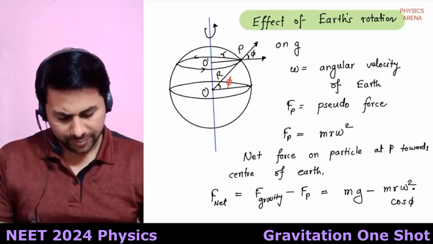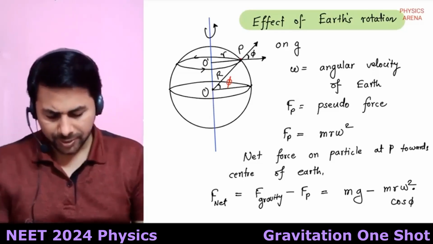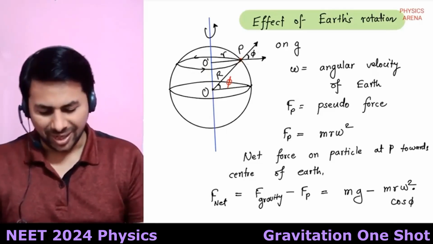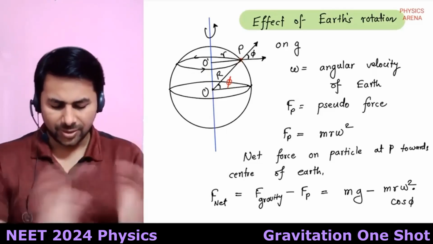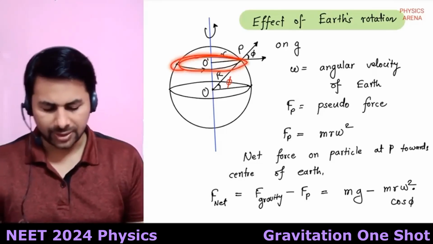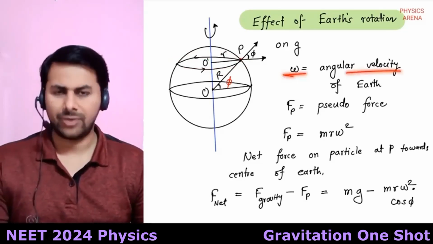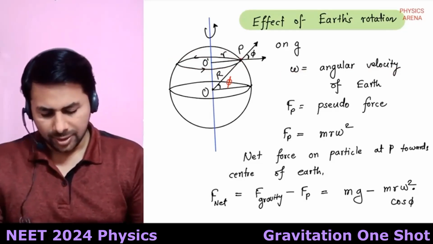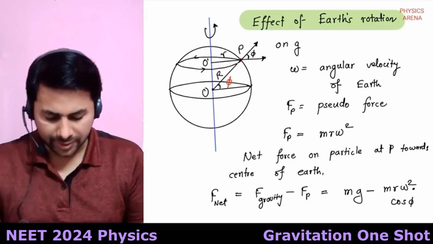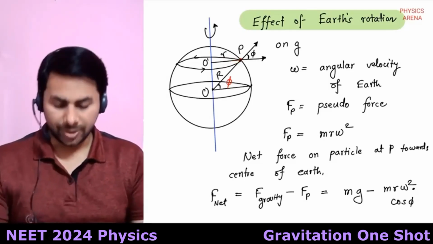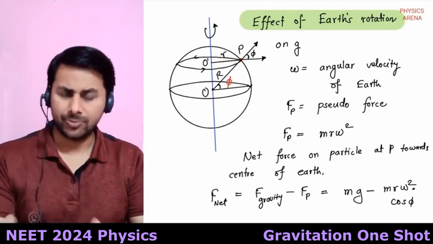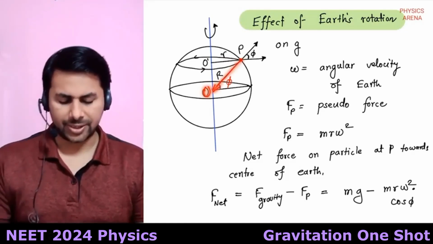Now suppose we consider this particle of some mass m, and Earth is rotating. So this object will revolve in a circle like this. Suppose omega is the angular velocity of Earth. It will need some centripetal force, which will be towards this center, and of course it is pulled by acceleration due to gravity in this direction.